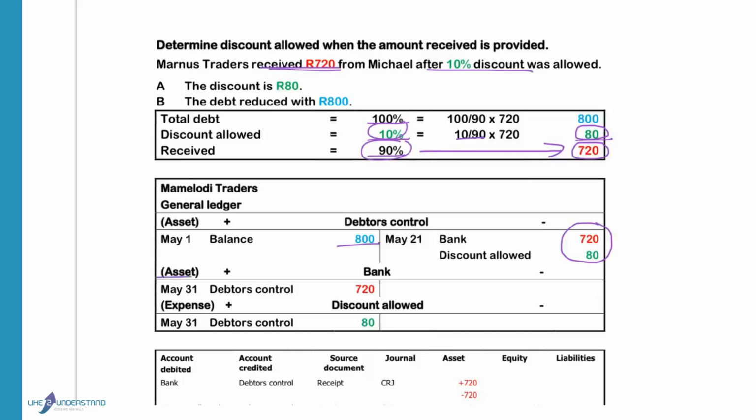Increase bank to increase the asset on the debit side with the money deposited. And we create an expense for discount allowed, and we debit discount allowed with 80 to increase the expenses that will reduce the profits. So because we allow R80 discount to him, we will make a smaller profit in the business.